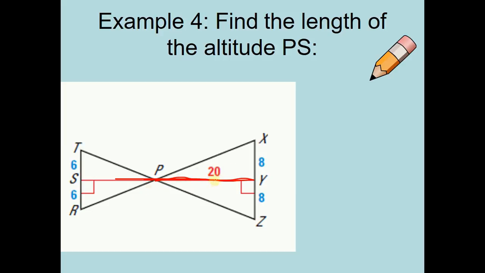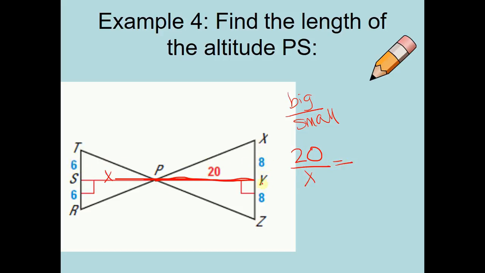So let's set it up. We do know these two shapes are similar, though they don't tell us, but they are. Let's go ahead and set it up. Let's try big over small. How does that sound today? Big over small. So I got big is 20 over my small guy. He's X. We don't know how much his altitude is. And then we're going to go this side over that side.